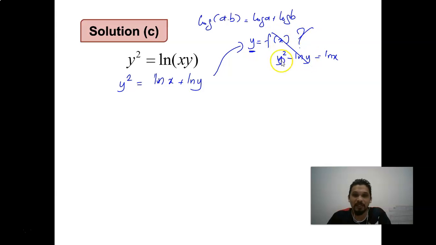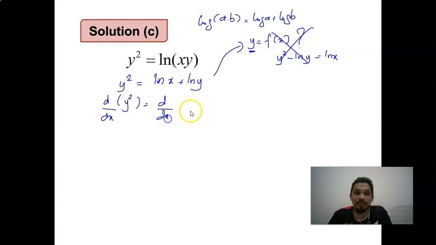Maybe not. Okay, so the best thing we can do here now is we just differentiate what we have right now. So derive y squared equals, then also derive with respect to x the function natural log of x plus natural log of y.